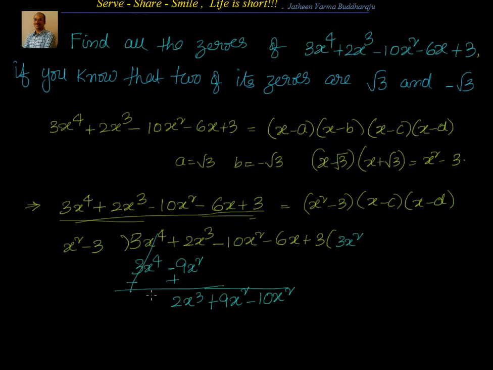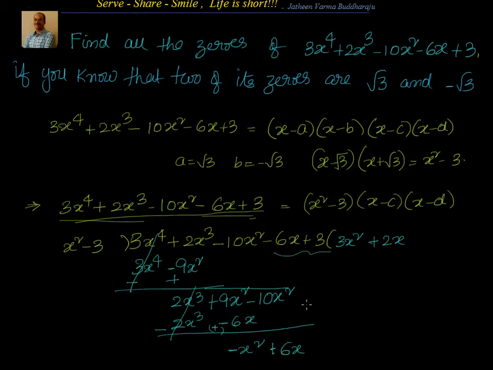Now you have 2x cube and x square, so it should be 2x. If you multiply with 2x, you will have 2x cube plus 2x into minus 3 is minus 6x. Now let me subtract this so that 2x cube cancels out. I have minus x square and minus 6x will become plus, so I will have plus 6x.